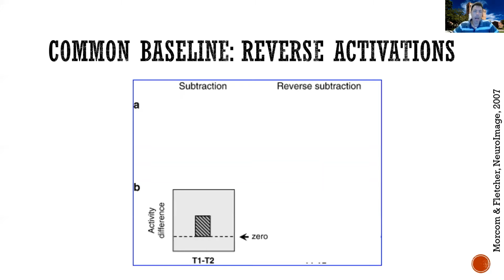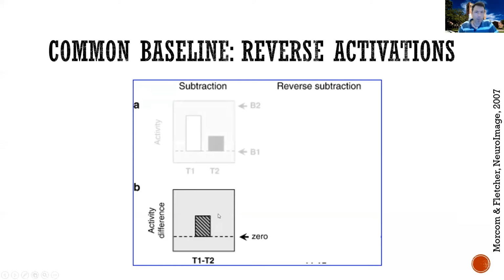First, there are two ways of getting an activation when you compare some task to some baseline. For example, say that we did task A and compared that to the activations of the control task or the baseline. If we take that difference, we might see that some part of the brain turns out to be active.